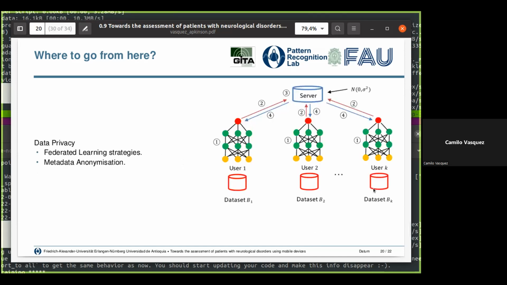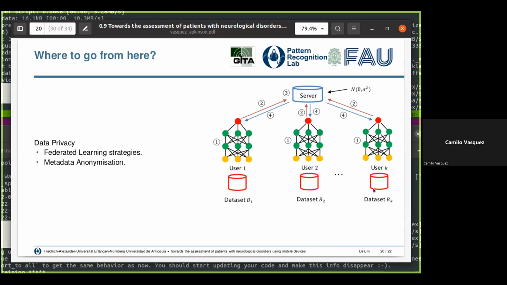Also, another important aspect is the one related to data privacy. Clinical data is very private, and it is very important to keep it within the smartphone, so it cannot be transmitted to a server to be analyzed. So it's important to consider different algorithms to process the data within the phone.